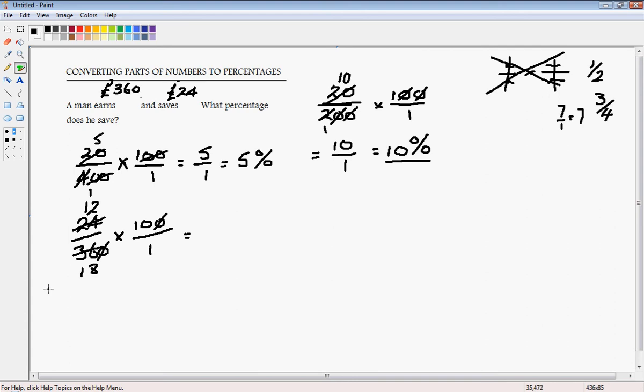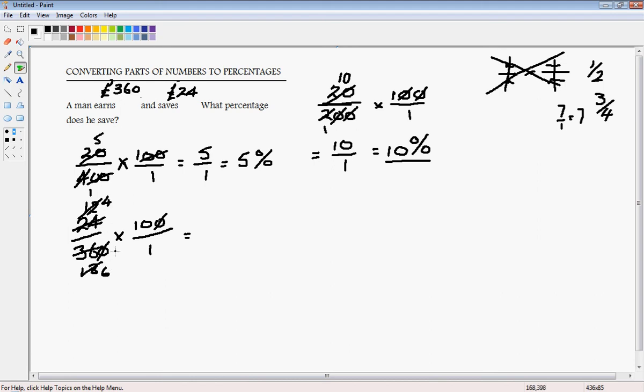Okay, now you can do this by doing a little sum in the corner. Now if you remember my 3 trick, 1 plus 2 is 3, 1 plus 8 is 9, 3 goes into 3 and 3 goes into 9, so 3 will go into both of these numbers. So 3's into 12 goes 4, 3's into 18 goes 6.